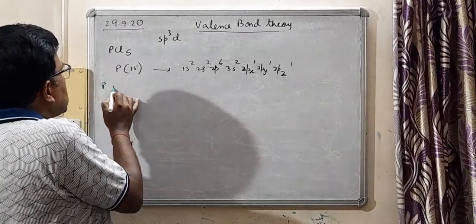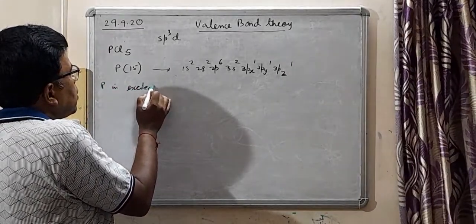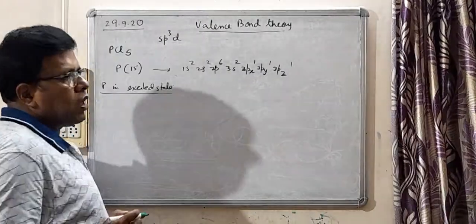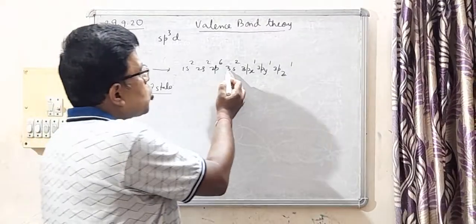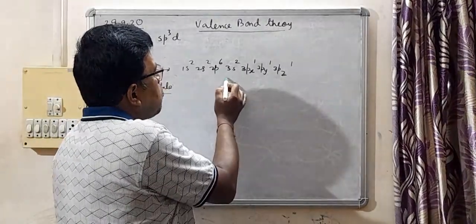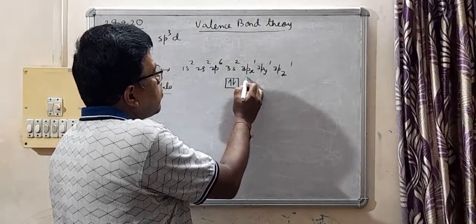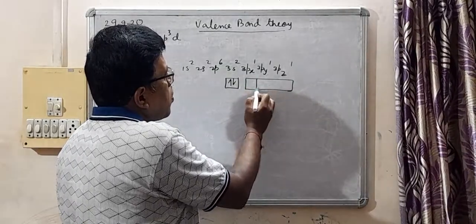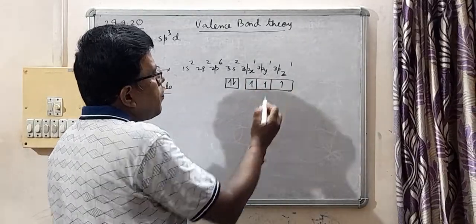So we have to take phosphorus in the excited state. Now let me show this in terms of boxes. 3s, there are 2 electrons, 3p, there are 3 electrons.